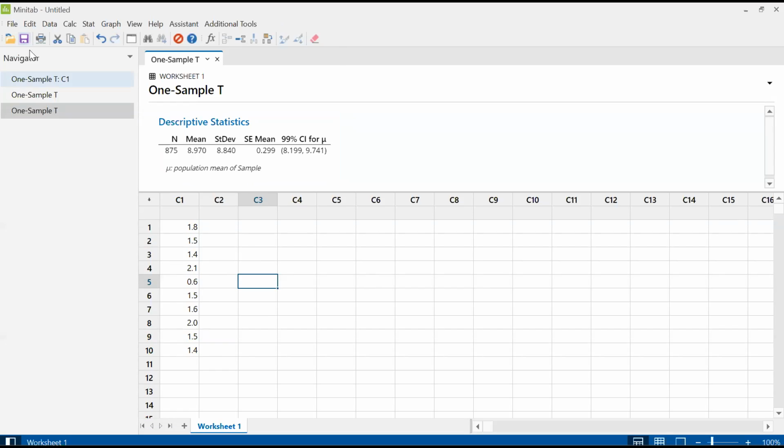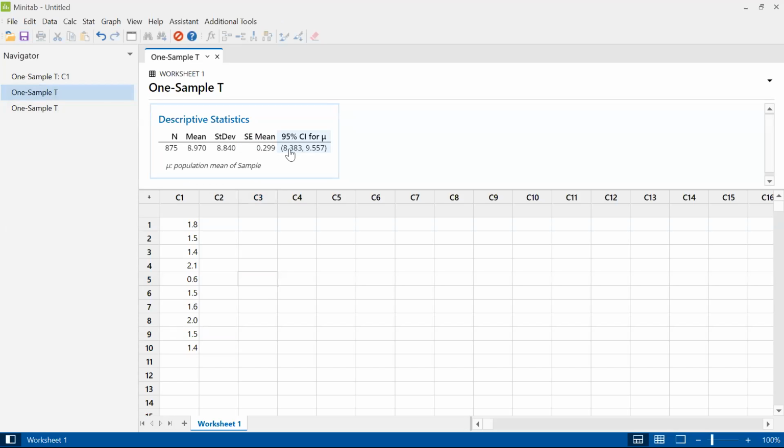So it went down from 8.383 to 8.199. We had to make the interval a little wider to make sure there was only a 1% chance that we didn't capture the right answer.